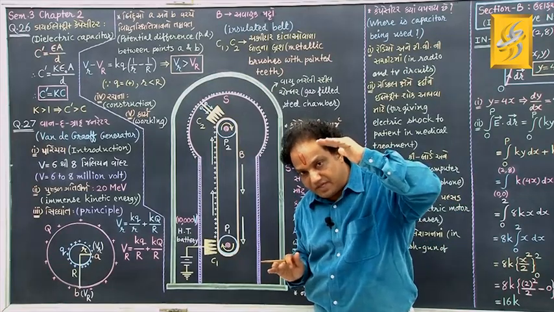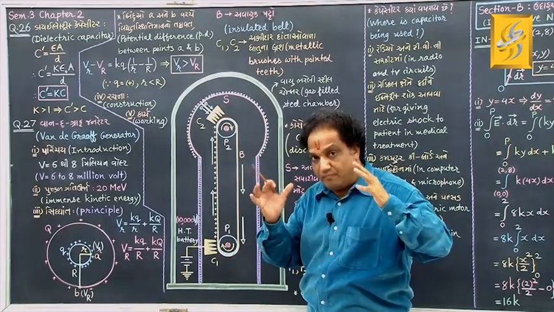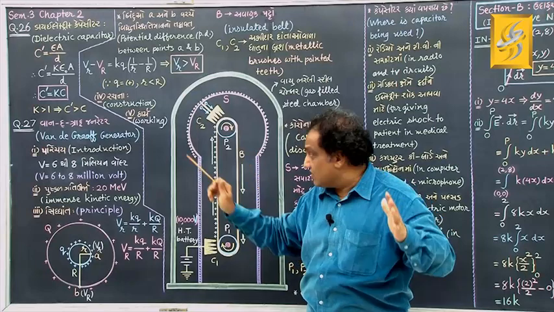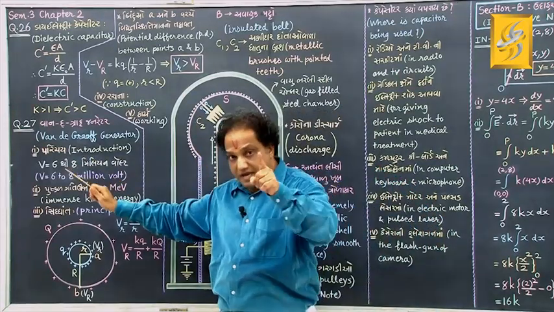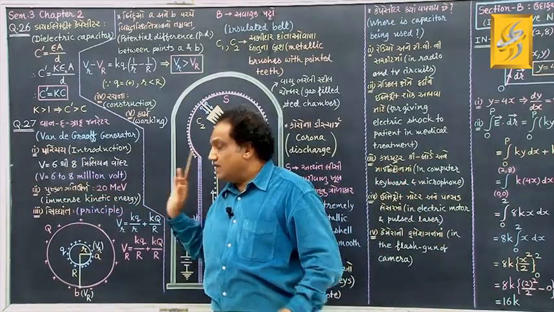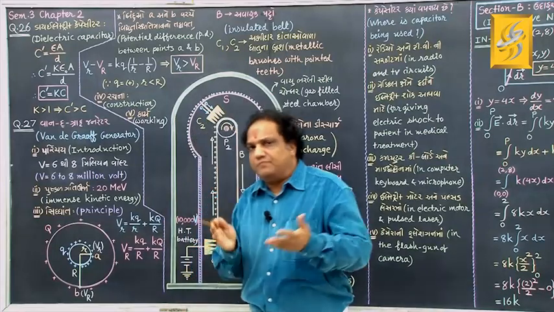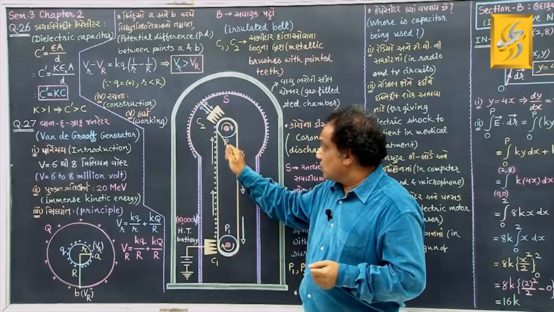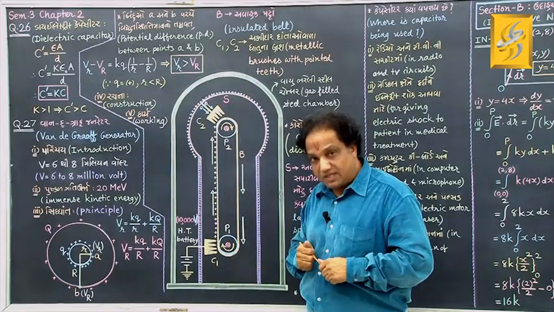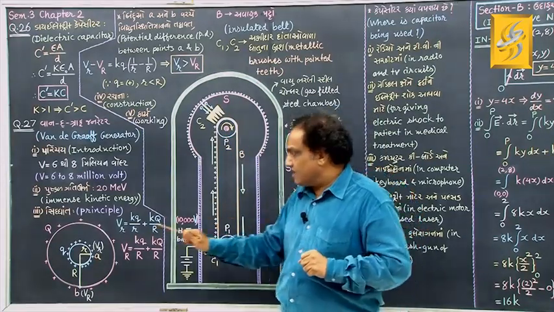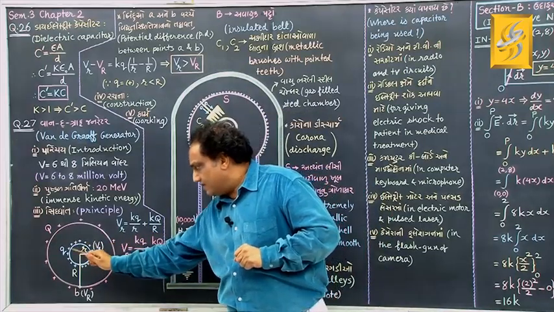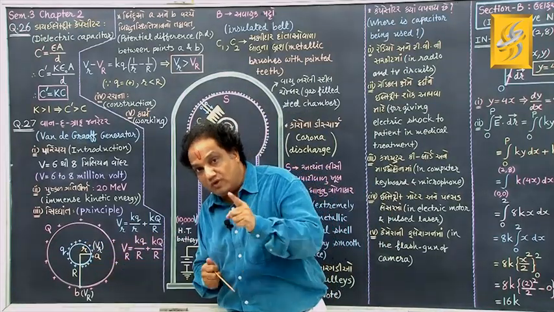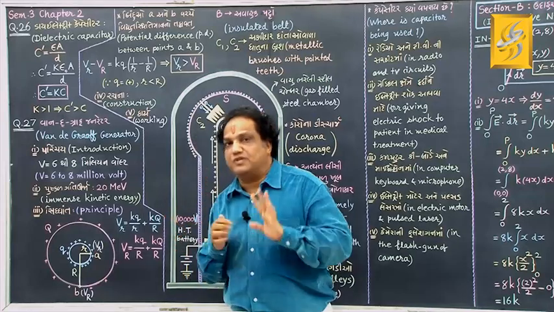And at that upper limit, what is the potential on the surface of the shell? It is as high as 6 to 8 million volt, correct? Then you may have a question in your mind, that the same potential we could have here also, correct? Yes, that is true, but the surface area of the smaller sphere is very small, so you will have a very small quantity of positive charge.